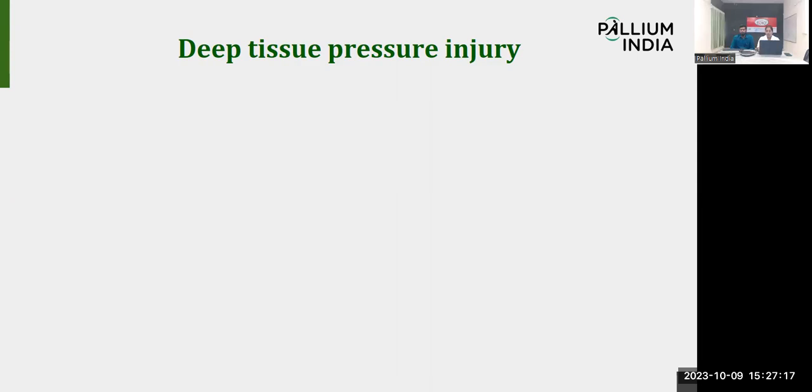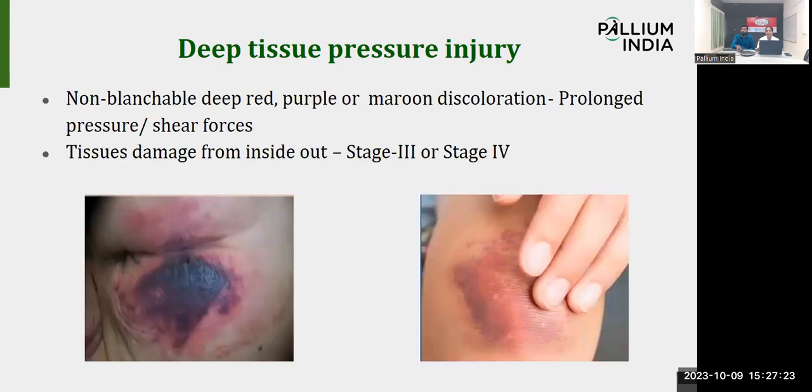I assume no. But what is deep tissue injury? Deep pressure injuries, as in the image, look like a bluish discoloration. It is mainly non-blanchable, deep red, purple or maroon discoloration because of prolonged pressure or shear force, and also tissue damage from inside out, that is stage 3 or stage 4.